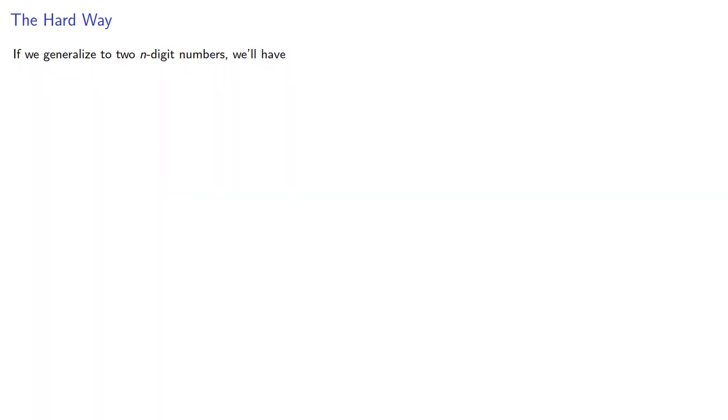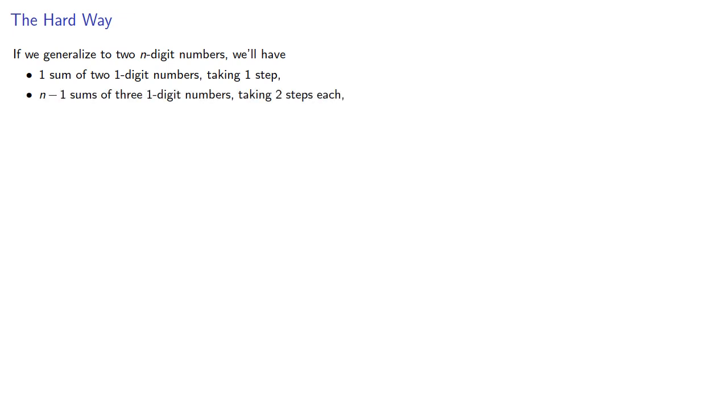If we generalize this to two n-digit numbers, we'll have one sum of two 1-digit numbers, taking one step, n minus 1 sums of three 1-digit numbers, taking 2 steps each, for a total of 2n minus 1 steps.